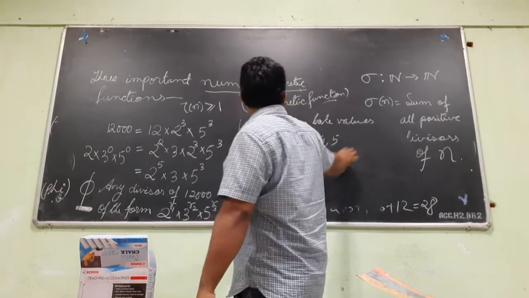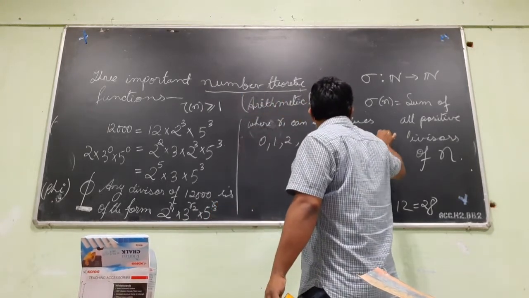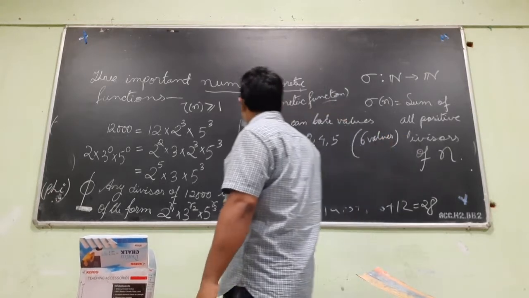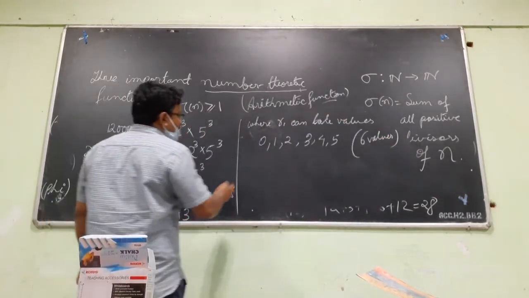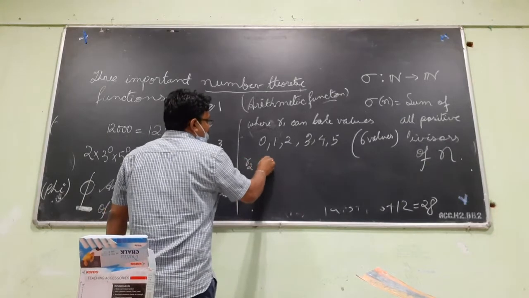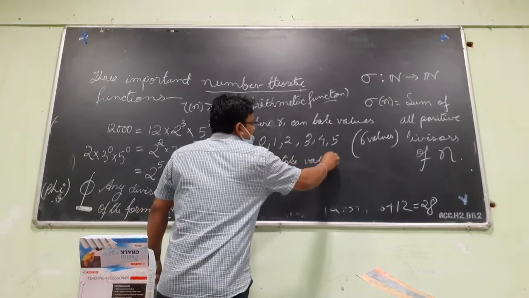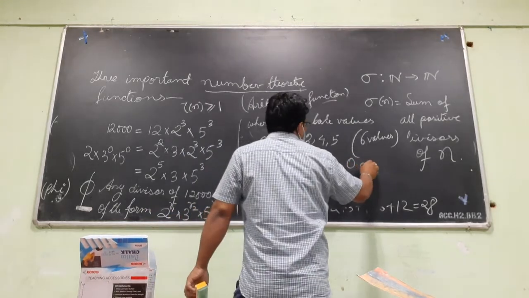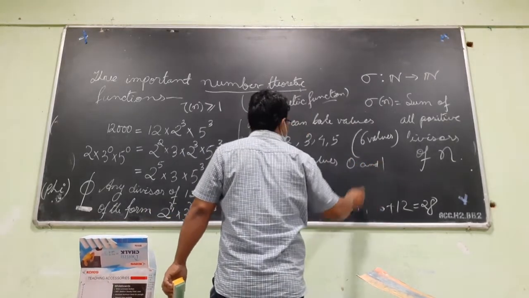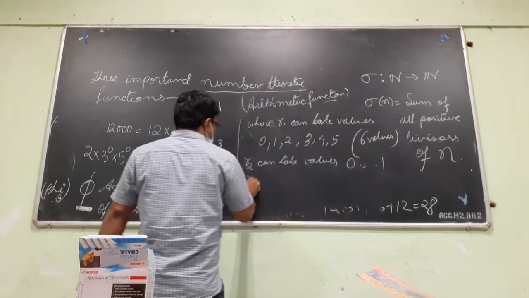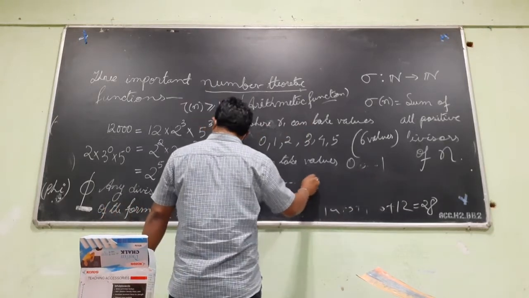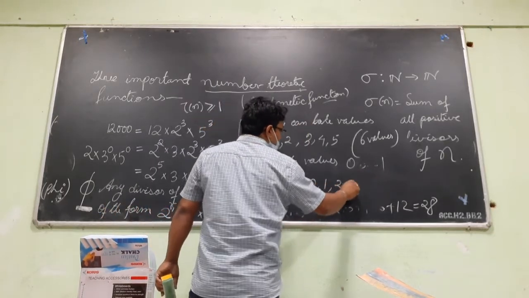So how many values? 6 possibilities are there for this R1. Then R2 can take values 0, 1. R3 can take values 0, 1, 2, 3.